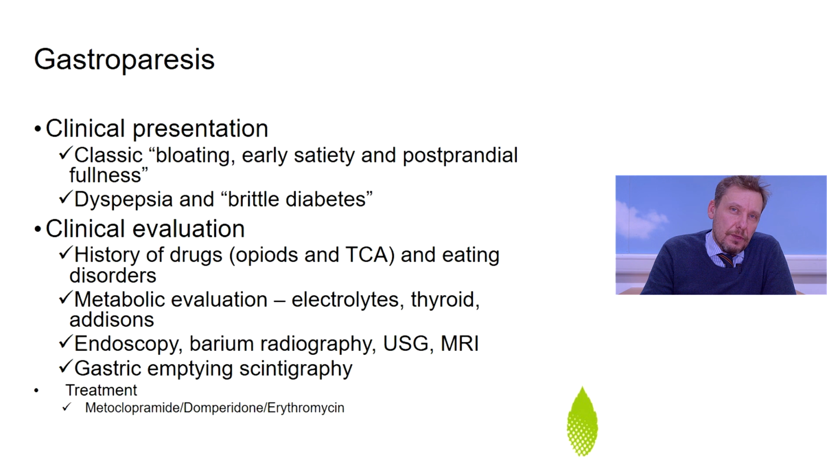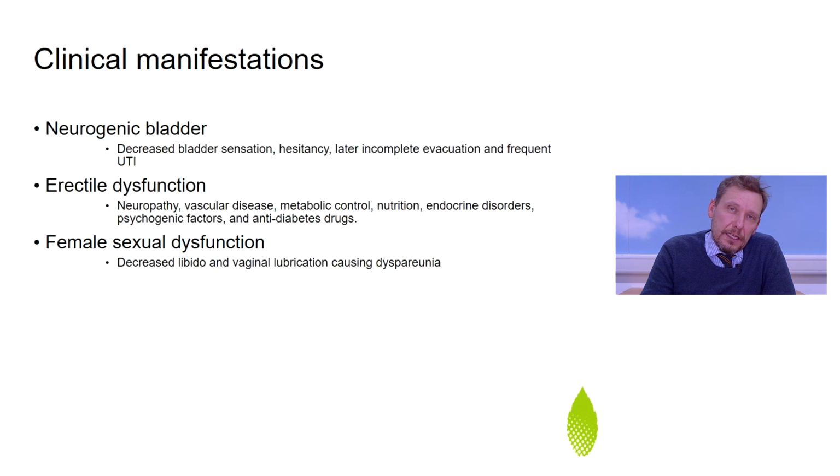Metabolic evaluation is also important to exclude underlying thyroid disease, for example, or urine electrolyte abnormalities which may be contributing to these gastrointestinal symptoms. Treatment is with antiemetic therapies such as metoclopramide and domperidone, and often the macrolide antibiotic erythromycin has also been shown to increase transit time in gastroparesis.